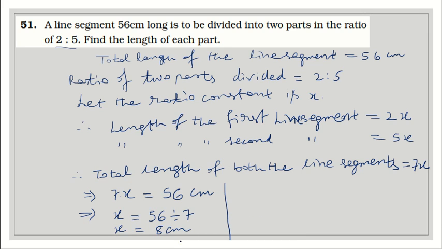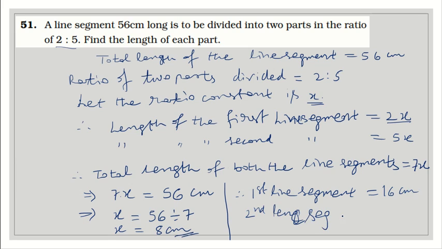The moment you come to know the value of ratio constant x as 8 centimeter, therefore first line segment is 2 times x, nothing but 2 8s are 16 centimeter, and second line segment is 5 8s, which are 40 centimeter.